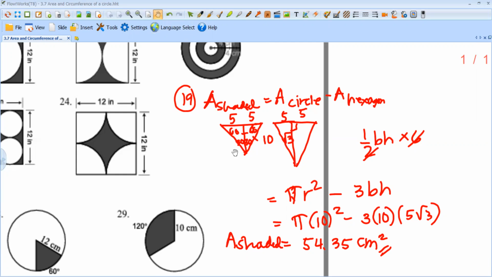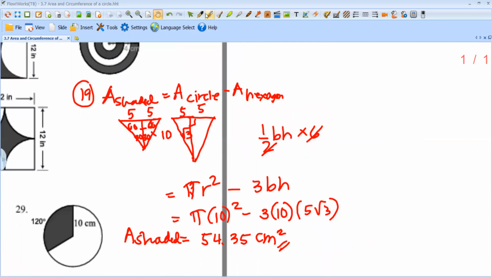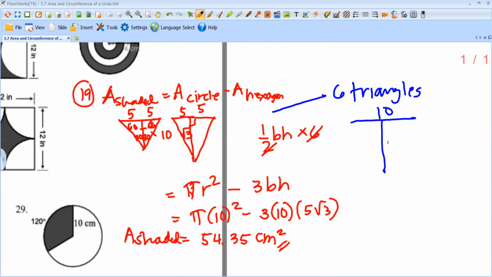Okay, did you get it? Again, we got the area of the hexagon first. The area of the hexagon is 6 triangles, and each triangle has a base of 10 and a height of 5 square root of 3.